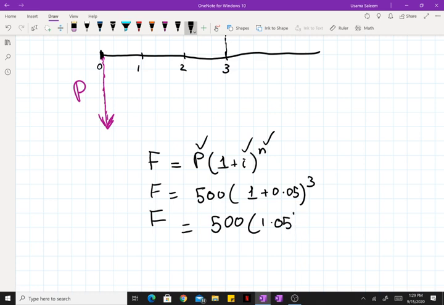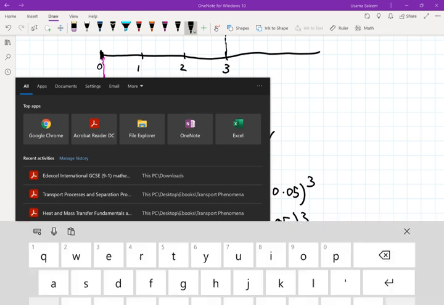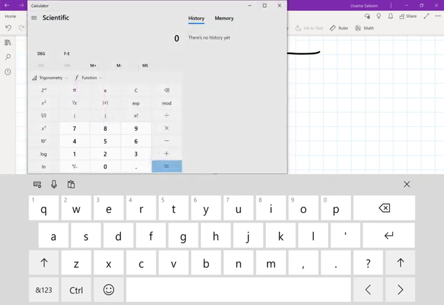Let's pull out the calculator and see what that comes out to. 500 present value times 1.05, raised to 3 years.